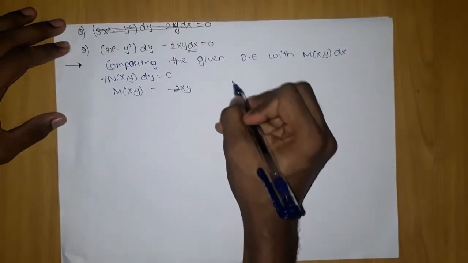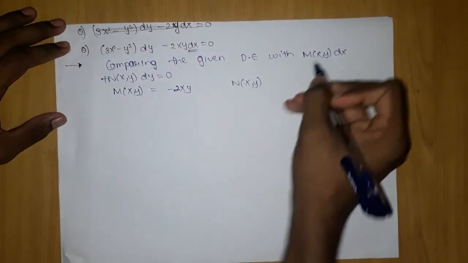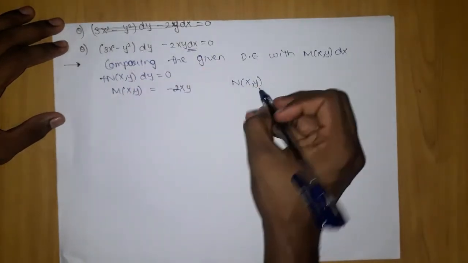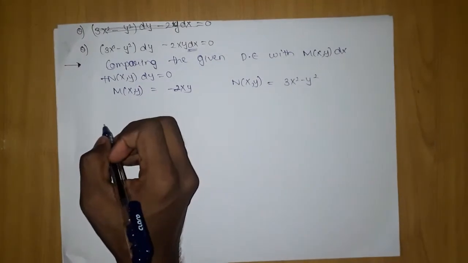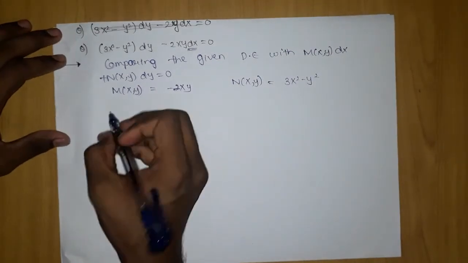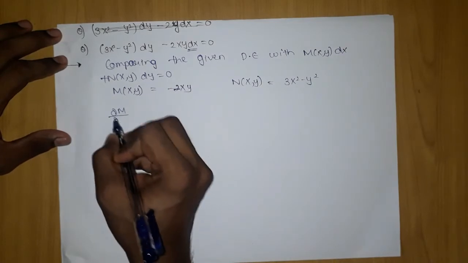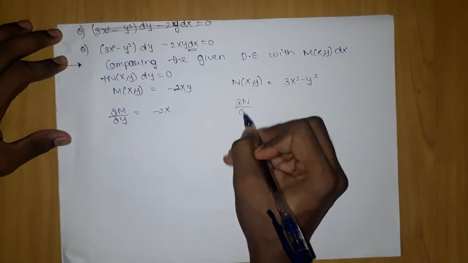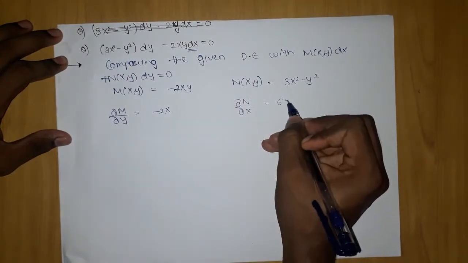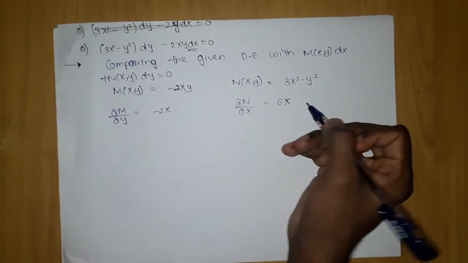And N of x comma y is the dy attached part, which is nothing but 3x square minus y square. Now your next job is to get dou M by dou y, which is nothing but minus 2x, and dou N by dou x, which is nothing but 6x, and this will become 0.